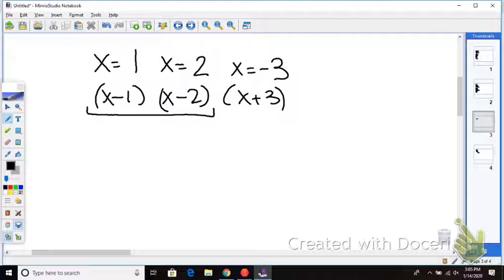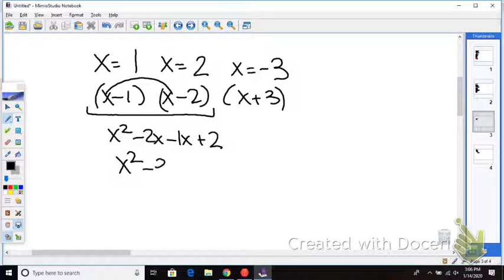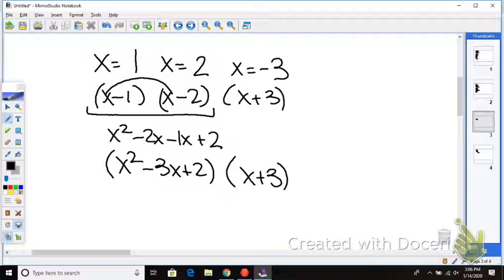Okay, let's see if we got the same thing when we FOIL them. Okay, so I should have x squared minus 3x plus 2. Yes? Okay. And then times, I've got this other factor I haven't multiplied yet. How does this look different than the last one we did? Okay, this is a trinomial.